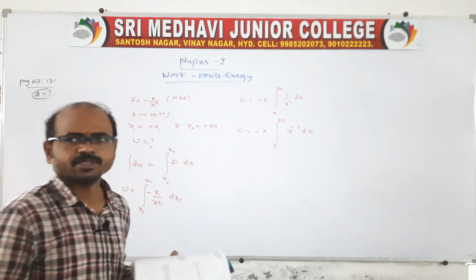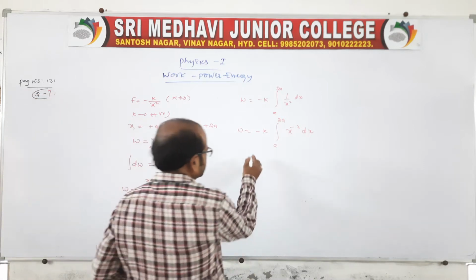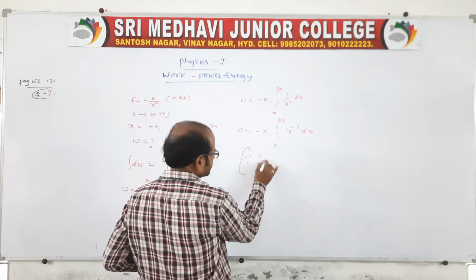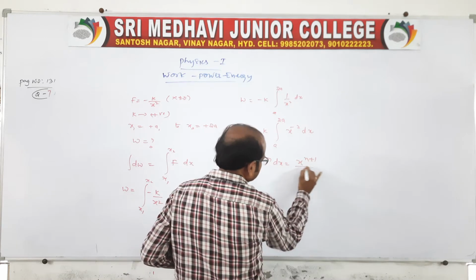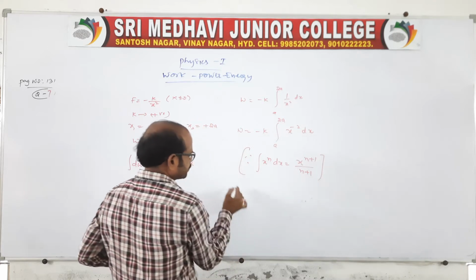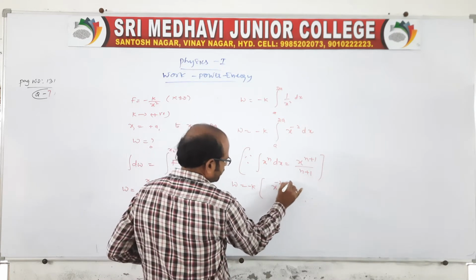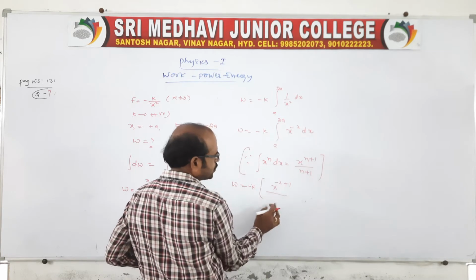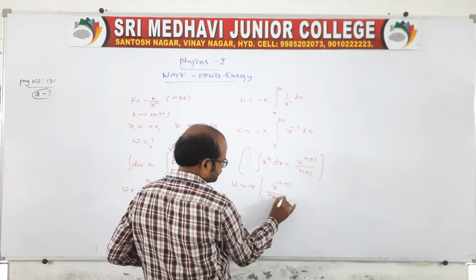If positive, it becomes negative. If negative, it becomes positive. Again the same method, the integration formula: x power n dx is x power n plus 1 by n plus 1. Here instead of n, you are given minus 2. Then you take it as it is: minus 2 plus 1, because n is equal to minus 2, no? Then you replace n with minus 2 here.